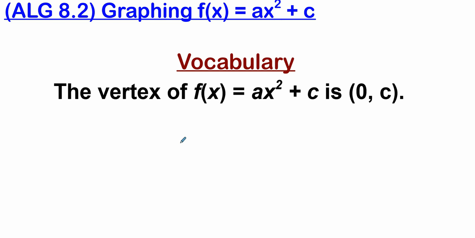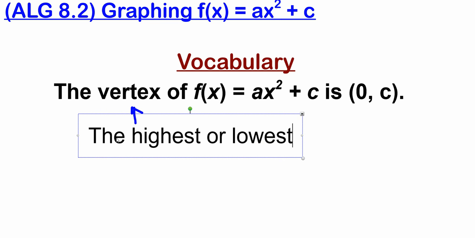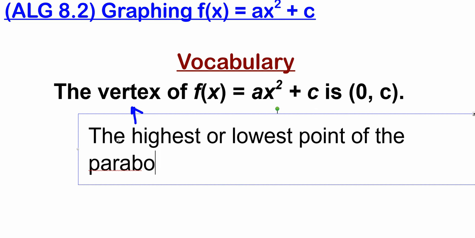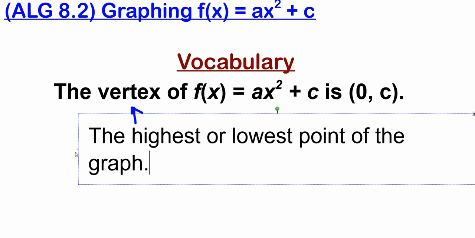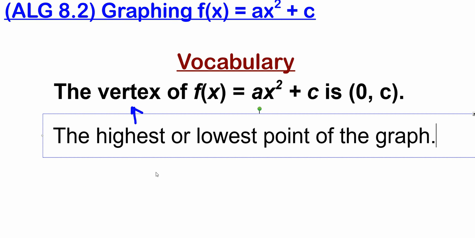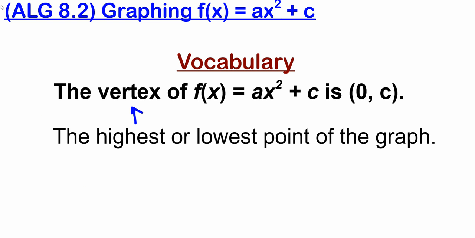Because it can get translated up or down, the vertex of the graph, remember the vertex is just the highest or lowest point of the graph, is going to get translated up or down with the graph.